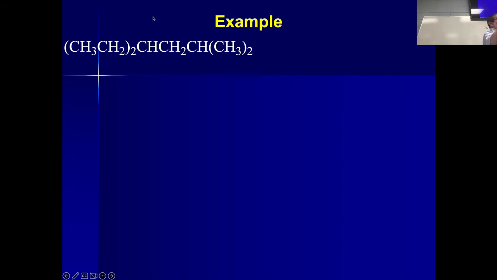So convert the condensed into bond line, and then provide the name of that molecule. Take 3 minutes.